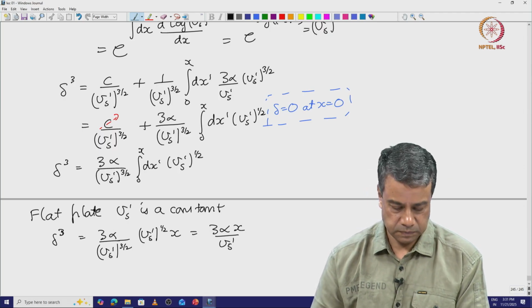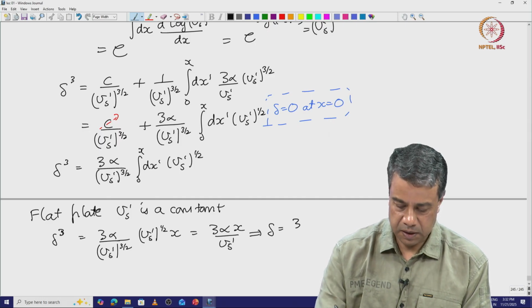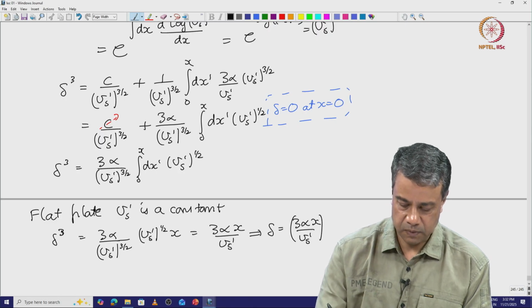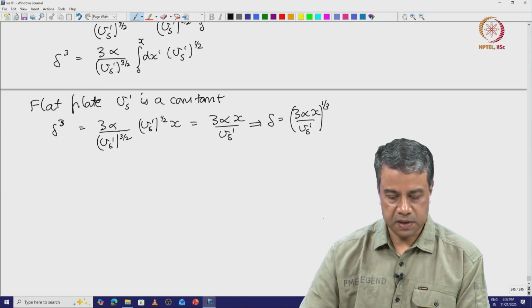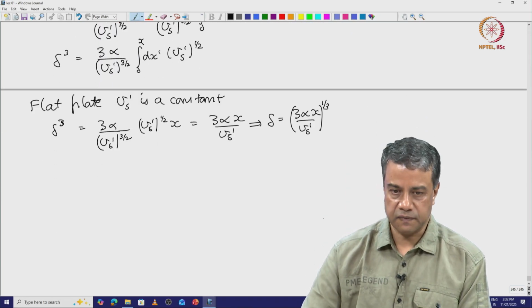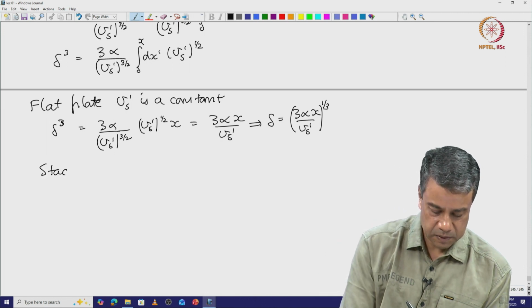Which implies that delta is equal to 3 alpha x by V s prime whole power 1/3. This is exactly the same expression that we had got for the flow past a flat plate. Stagnation point flow.